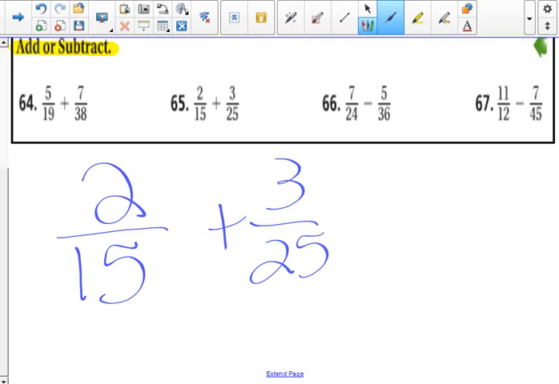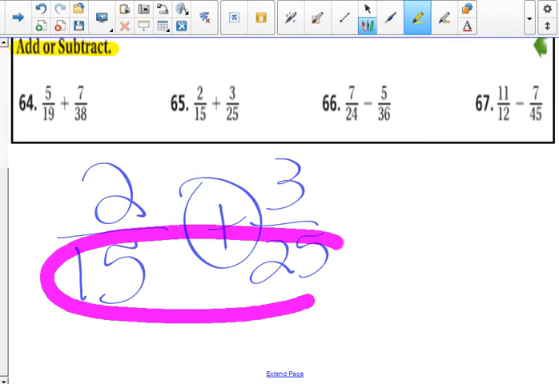Okay, so what do we do when we add denominators? What needs to take place before I can perform this operation? We have to have like what? What has to be the same? The denominator. Very good.